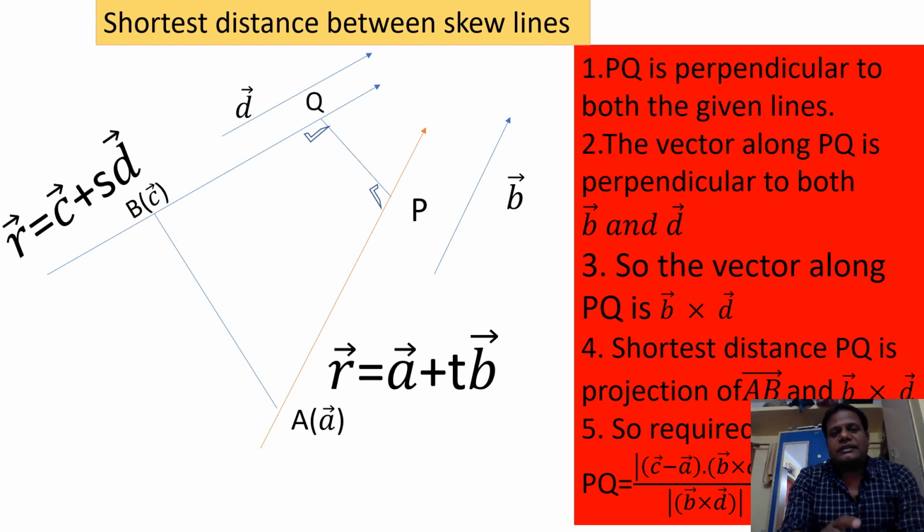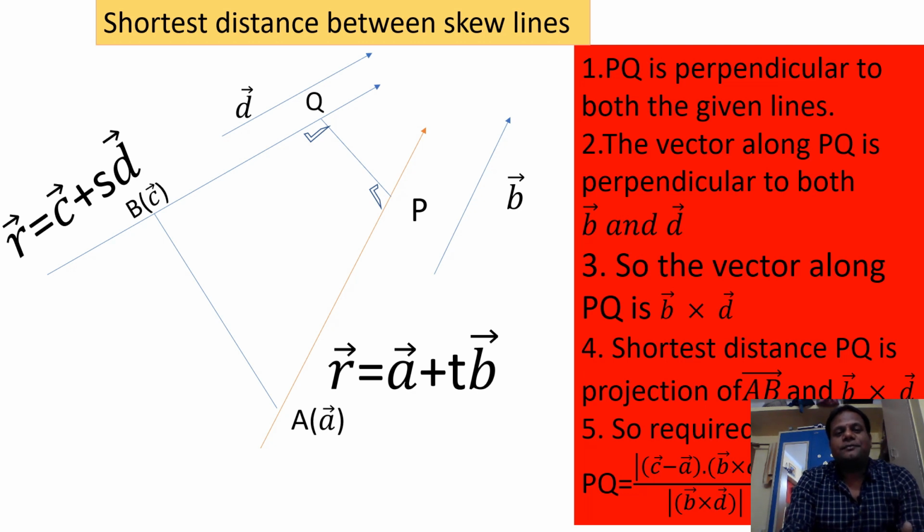Now you have to find the shortest distance between the two skew lines. Here I have taken PQ as the common perpendicular to both the given lines. In one plane it is impossible to draw skew lines, but you imagine these two are skew lines, so that is the reason I have taken one common perpendicular between the two given skew lines, that is PQ.